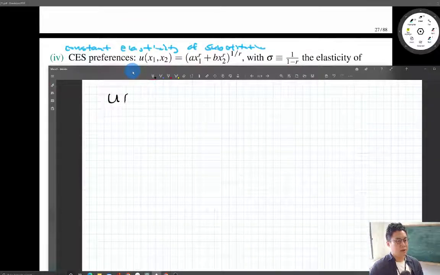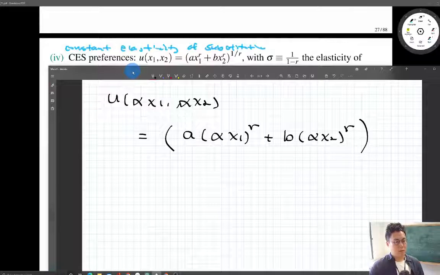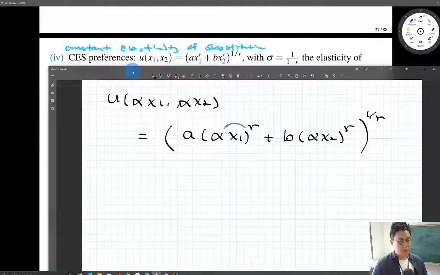If you think about alpha x1 and alpha x2, then the utility function becomes a times alpha x1 to the power r, plus b times alpha x2 to the power r, and then raise the whole expression to the power 1 over r. By the law of exponents, we can distribute this power r to alpha and x1 and alpha and x2.